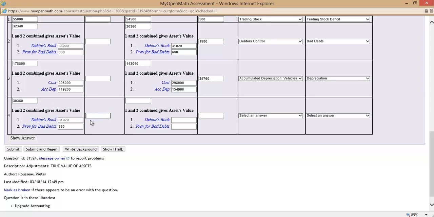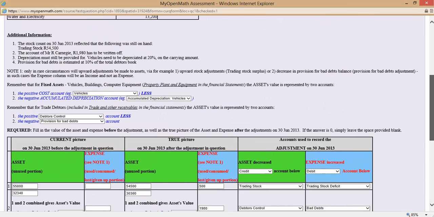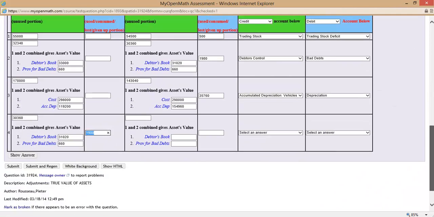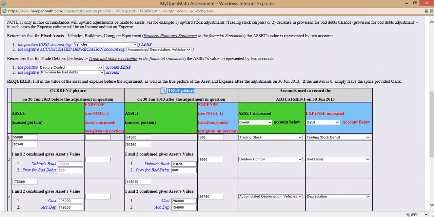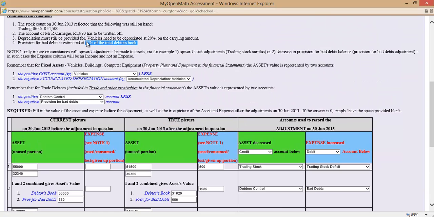And we've also got an expense here of 1980, which represents the previous debt that was written off for Mr. Carnegie. Now, the true picture after the adjustment is as follows. My provision for bad debts account needs to be adjusted to 10% of the total debtors book.